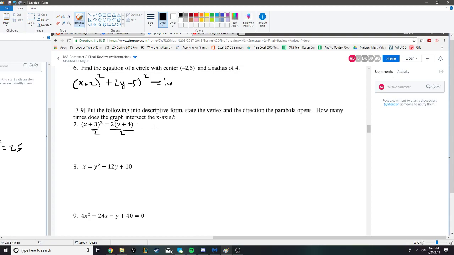So this is going to say x plus 3 squared, over 2, is equal to y plus 4. Then we're going to subtract 4 from both sides to get y equals 1/2 times x plus 3 squared, minus 4. That's called descriptive form because we can get our vertex right away. Our vertex is at -3, -4.